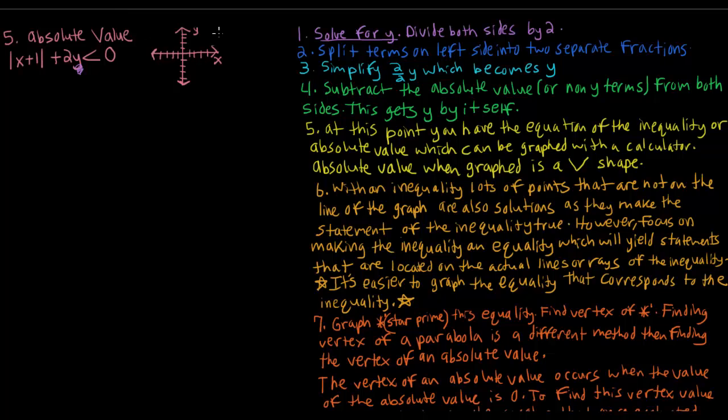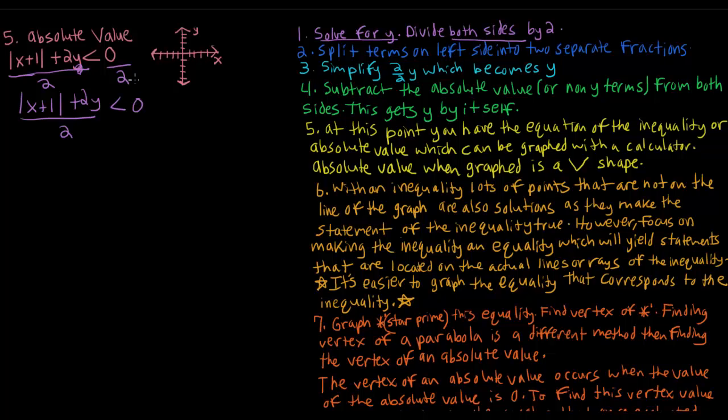To do that, we start by dividing both sides of the inequality by 2. If we do it on the left side, we have to divide by 2 on the right side. That gives us the absolute value of x plus 1 plus 2y, over 2, and then 0 over 2 is the same as 0.